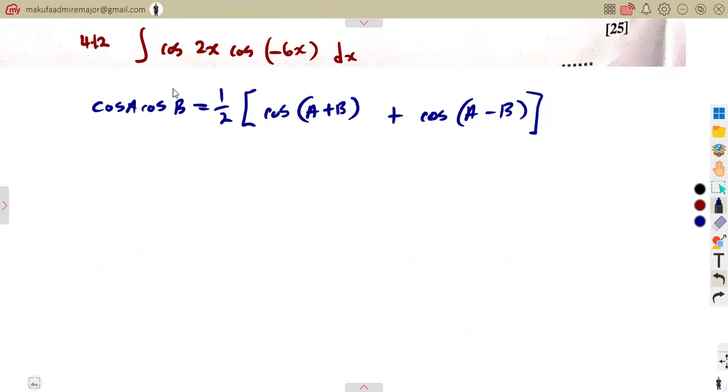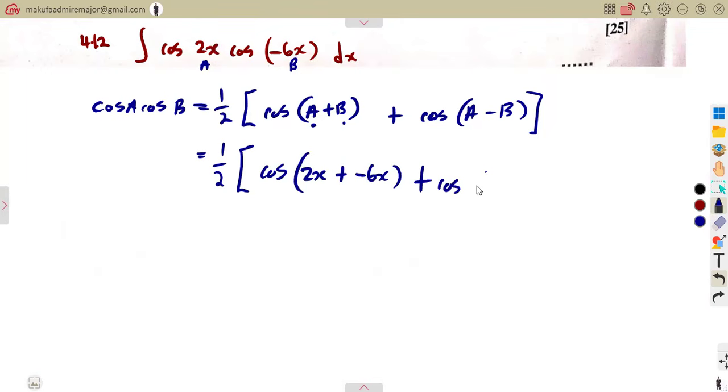In this case, this is going to be half the cos of A plus B. This is our A, this is our B. So our A is 2x plus B, which is minus 6x, plus the cosine of A, which is 2x, minus B, which is minus 6x. So minus, minus, that's a plus. Here, that will be a minus.